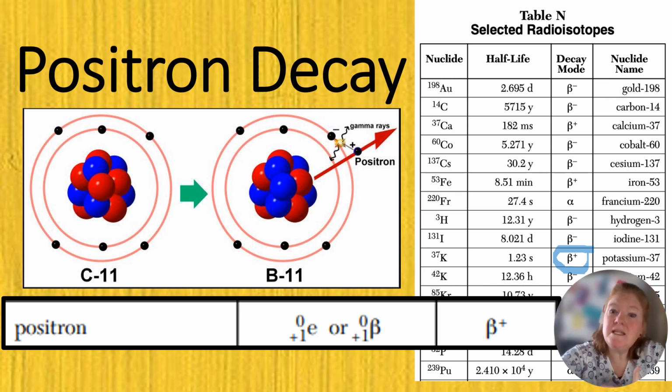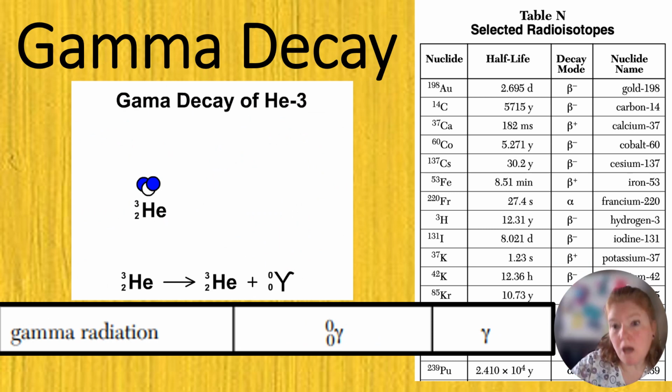In the process, it releases a positron and it transmutates into a different element. Now, none of these are listed here, but you could be shown one on the exam like this. So some just release gamma radiation. They don't release additional particles, okay? They're just releasing that very dangerous gamma radiation.